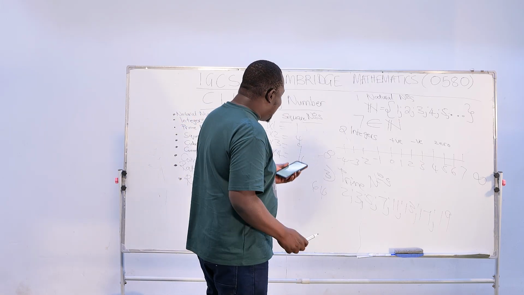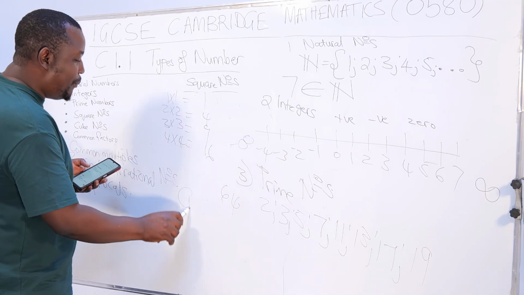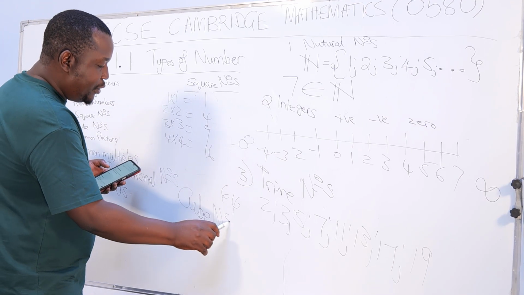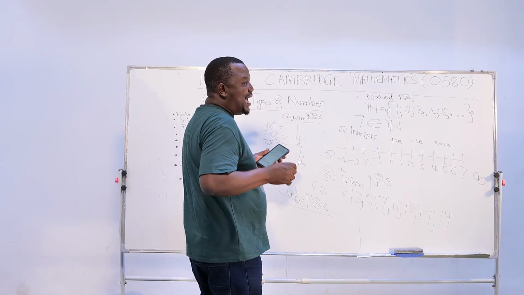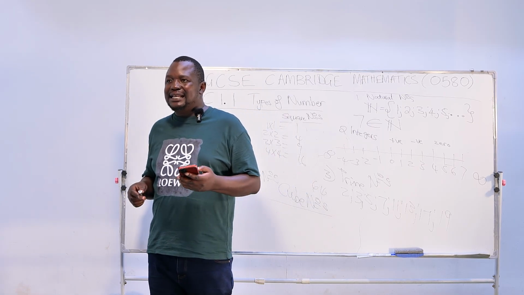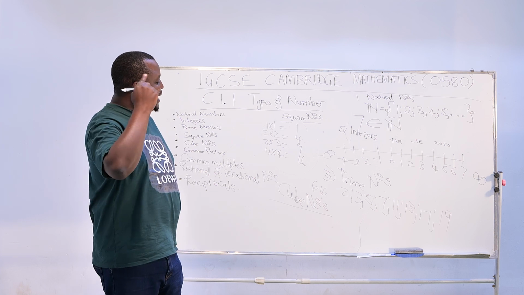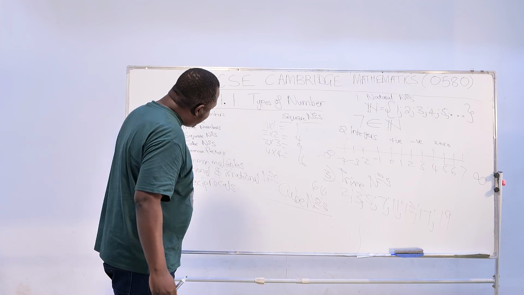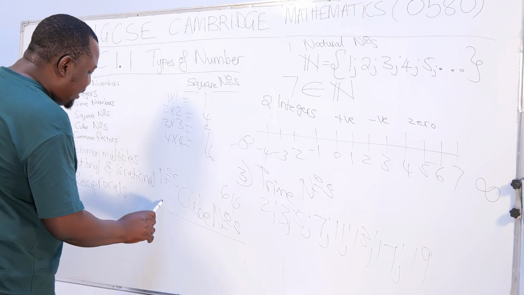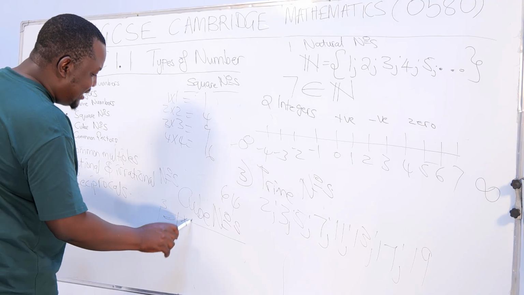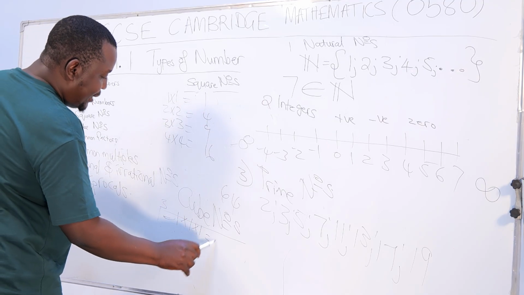Soon after square numbers, we also have what are called cube numbers. Unlike square numbers, these are numbers that are obtained after you multiply a number 3 times. For instance, 1 to the power 3, which is 1 times 1 times 1, gives you 1.